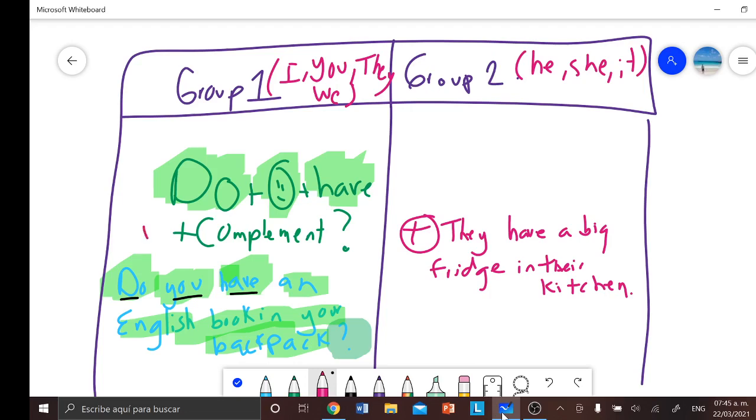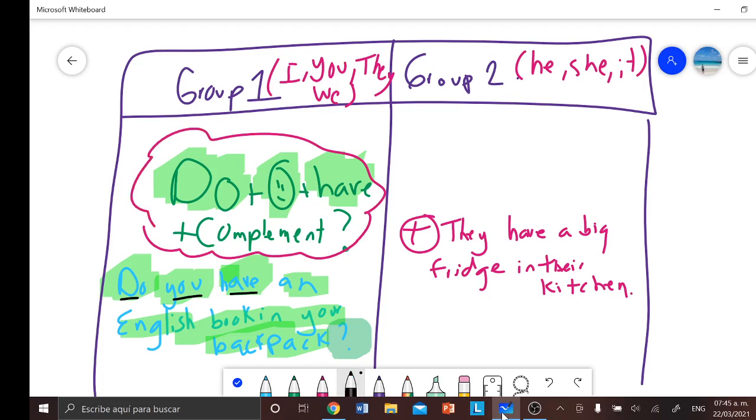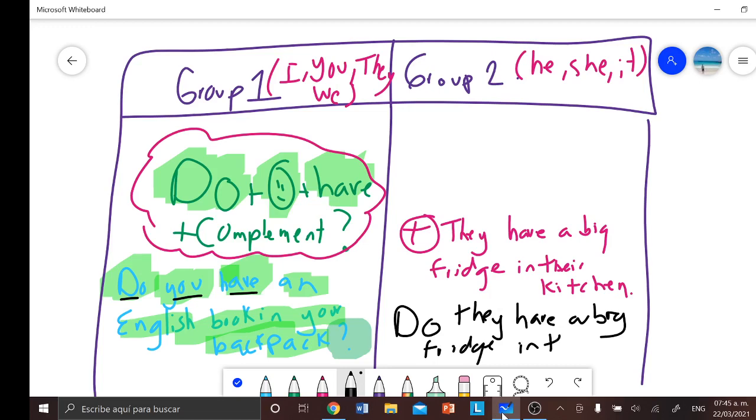Prácticamente, I just need to follow this structure that I have over here, okay? So pretty much, the only thing that I need to add is just the auxiliary do, yeah? Do they have a big fridge in their kitchen, and we close it with a question mark.